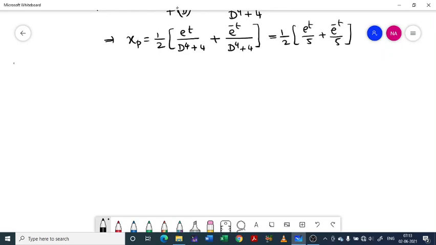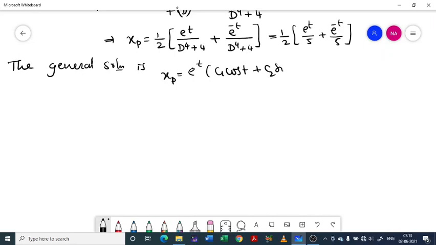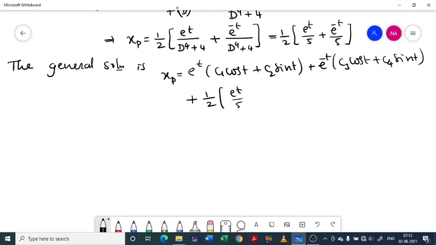So the general solution is x = eᵗ (c1 cos t + c2 sin t) + e⁻ᵗ (c3 cos t + c4 sin t) + 1/2 (eᵗ/5 + e⁻ᵗ/5).